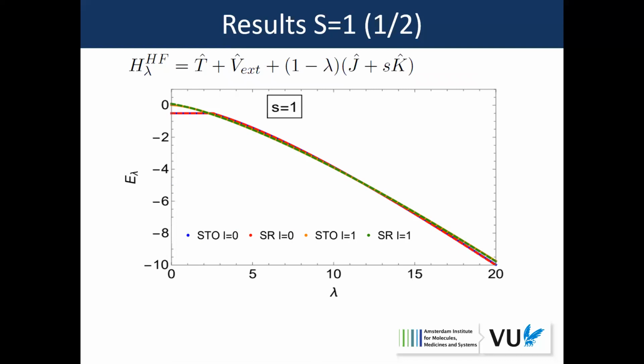Do you think it would be possible to break the spin symmetry? Sorry, there's only one electron. Yes, well, there is only one electron. That's not quite true, because there is a fractional spin up and a fractional spin down. So there's two half electrons.